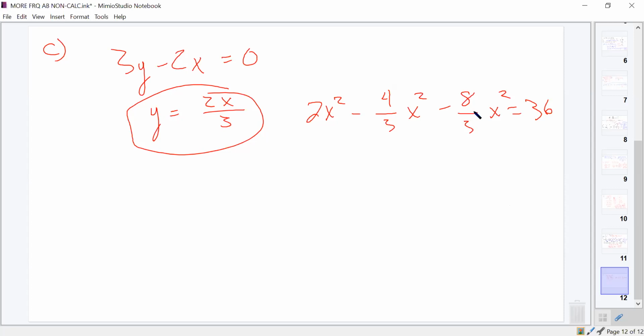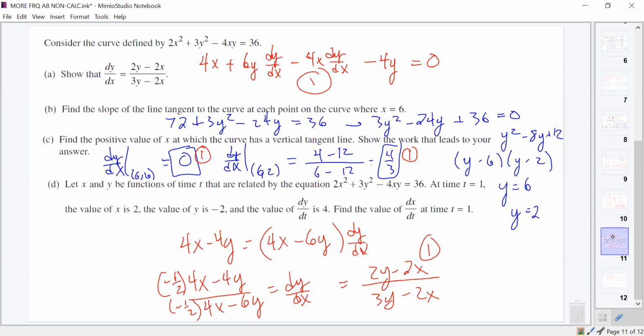That's minus 12/3 x squared, that's minus 4x squared. So we got 2x squared minus 4x squared is negative 2x squared equals 36, and we end up with a negative. Hopefully I didn't make a stupid mistake there.